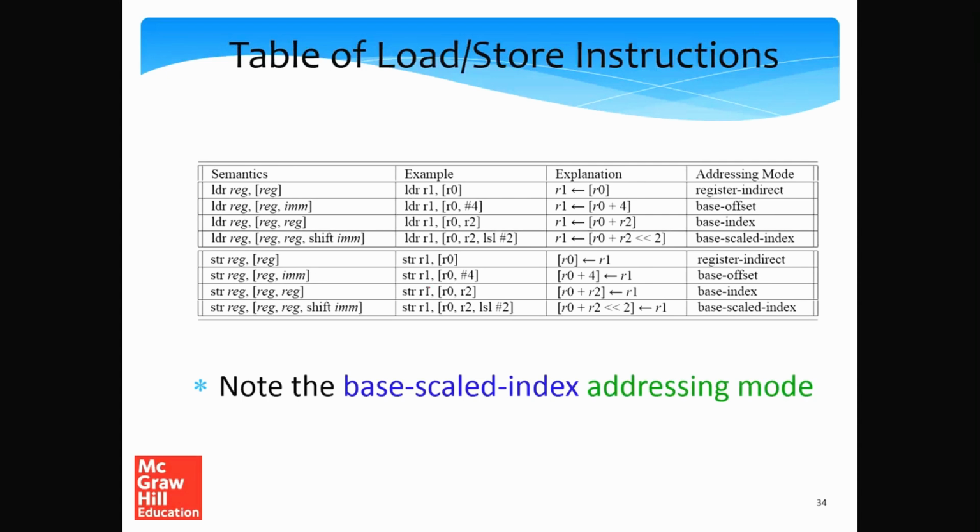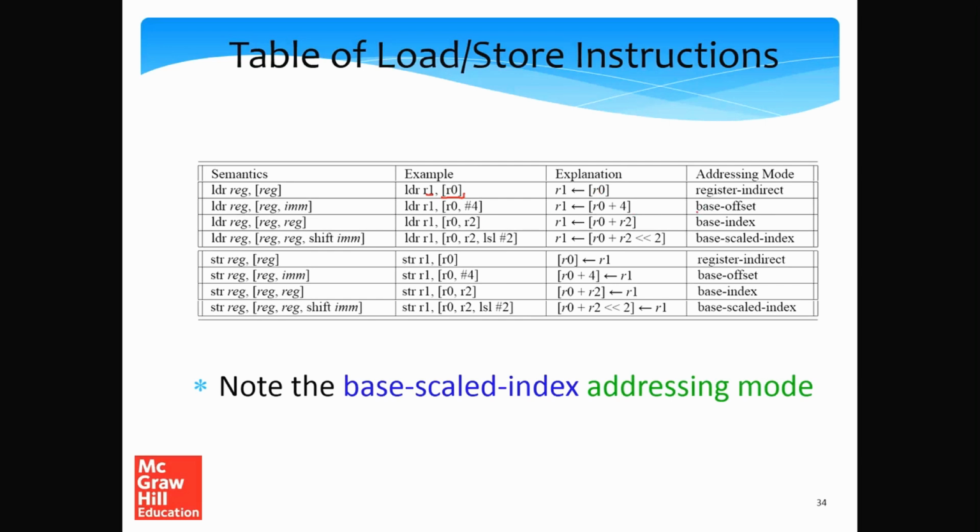So let's take a look at all kinds of addressing modes that are possible in ARM. For load and store, the addressing modes are very symmetric, so we'll only consider the case of load. We can have a regular register indirect mode, of the form LDR R1, square brackets R0, where the memory address is given in R0.